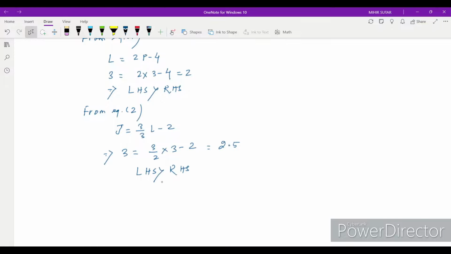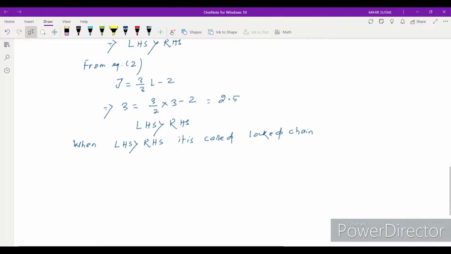In this particular case, when your LHS is greater than RHS, it is called a locked chain. It cannot be termed as a kinematic chain.